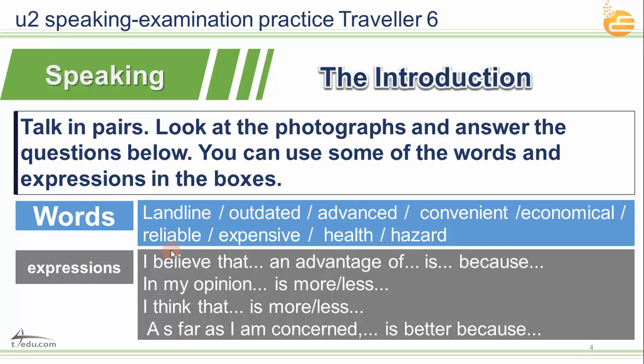So for the introduction to our speaking lesson for today, we're going to talk in pairs. Imagine that you're in this school and you have a role play, with student A and student B. Look at the photographs and answer the questions below. You can use some of the words and expressions in the boxes.